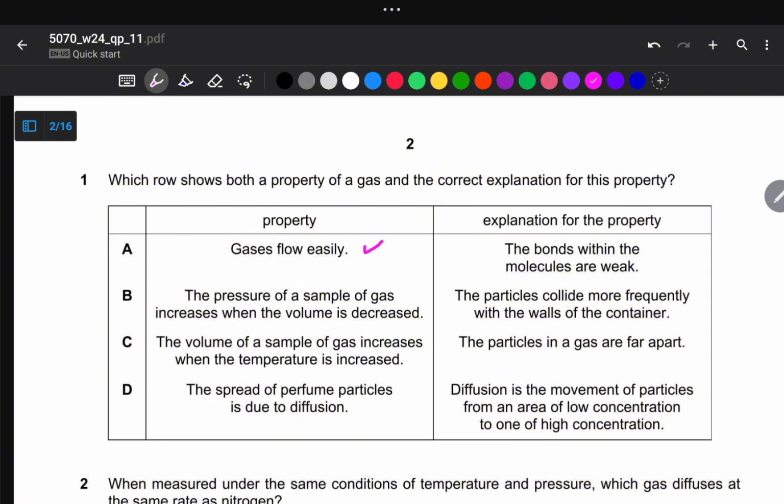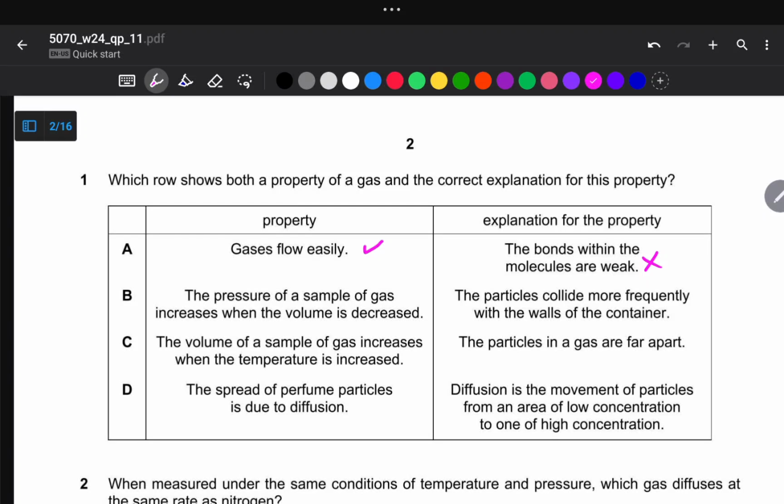So here the explanation says the bonds within the molecules are weak. So this sounds true, but it is false. Why? Because for gases to flow easily, the particles are far apart from each other. That is the property which makes them easily flow, right? So this becomes false. For gases to flow easily, the particles are far apart from each other, not the weak forces, right?